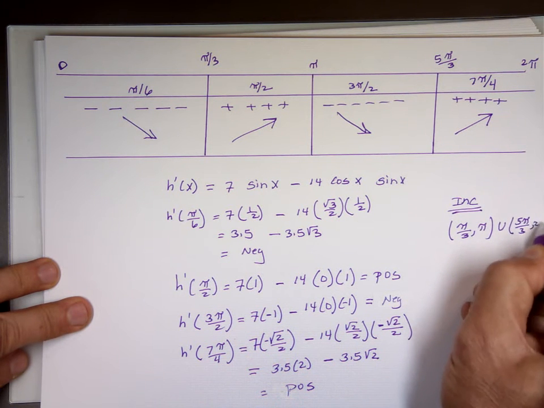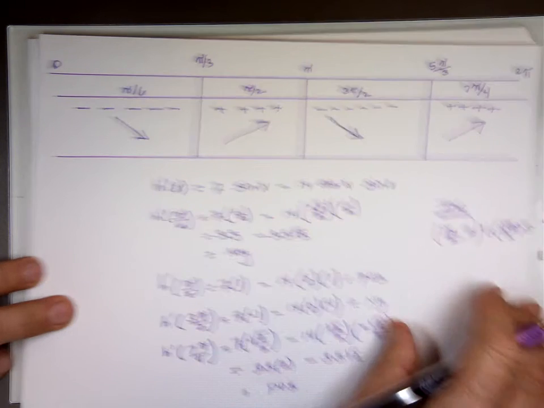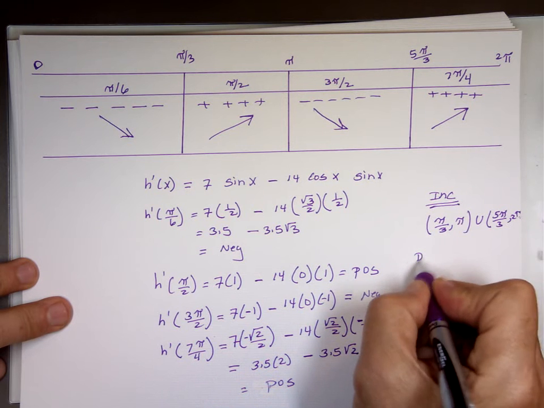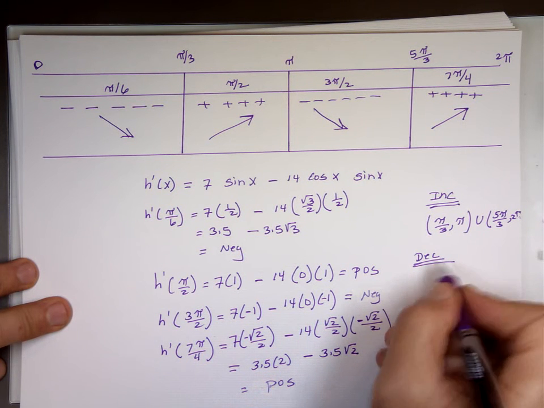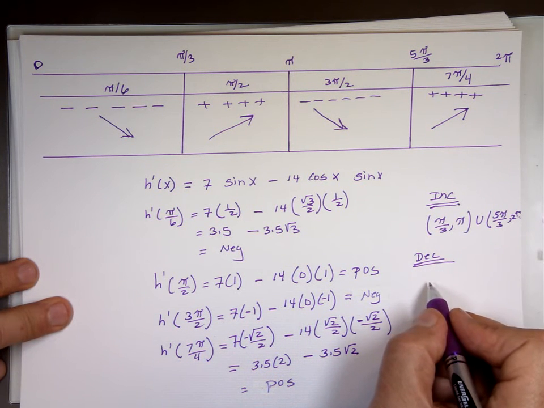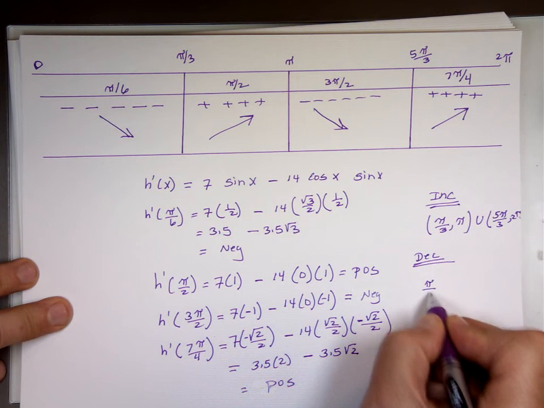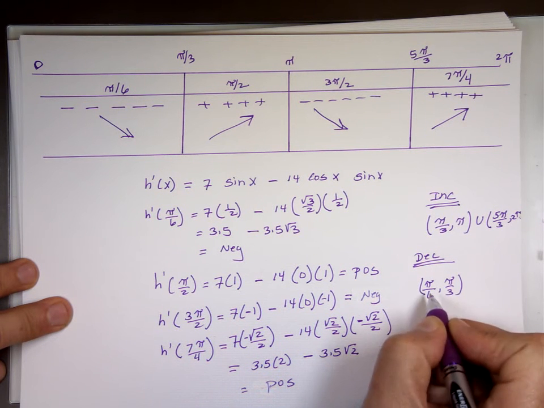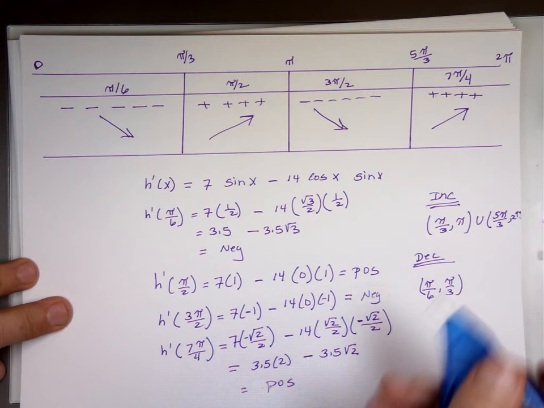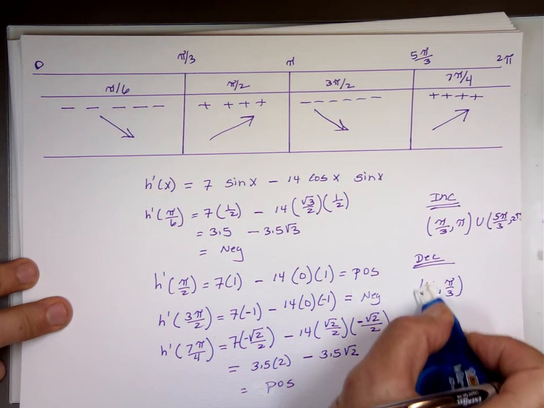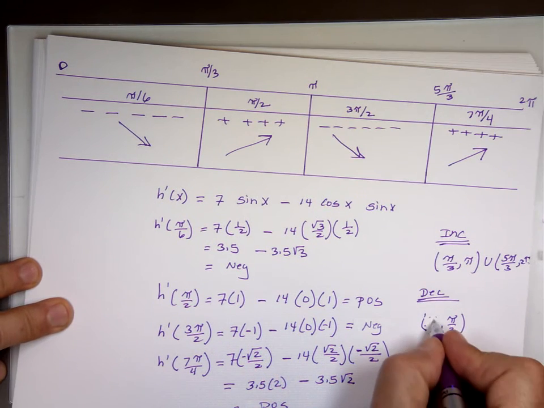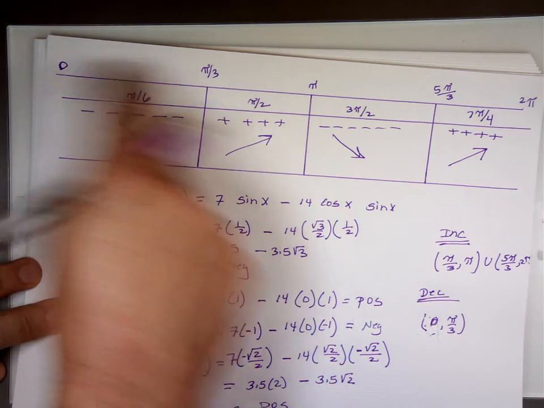Oh, did I write the thing wrong? Decreasing now from pi over 6 to pi over 3. Well, not pi over 6, from 0 to pi over 3. That's the test point, pi over 6. From here to there, and from here to there.